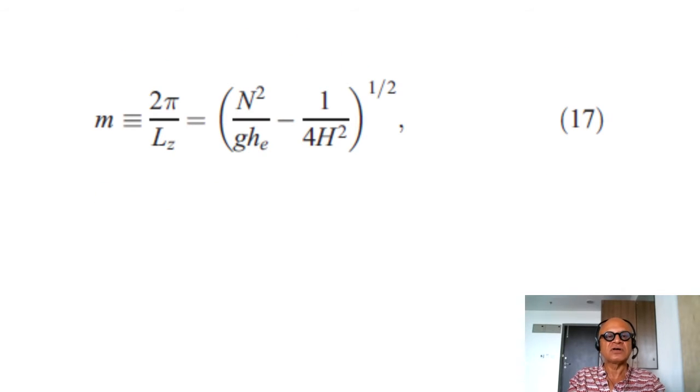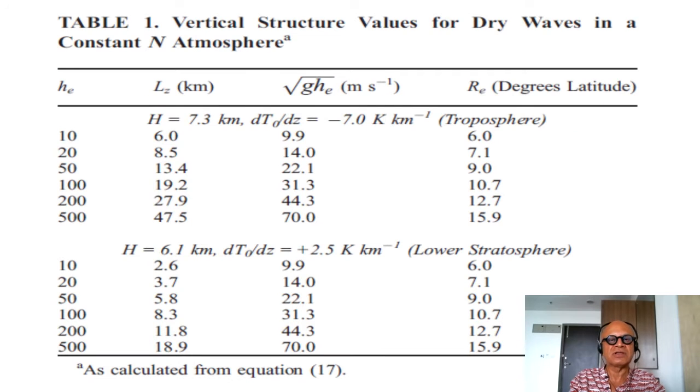The vertical wave parameter is 2 pi over Lz, where Lz is the wavelength in the vertical. Obviously, the wave number is related now to N squared, the equivalent depth and the scale height. With this relation, you can compute these numbers to look at the vertical structure values for dry waves in a constant N atmosphere.